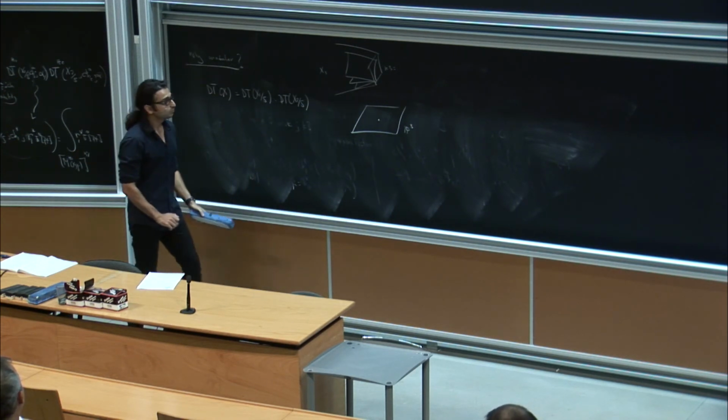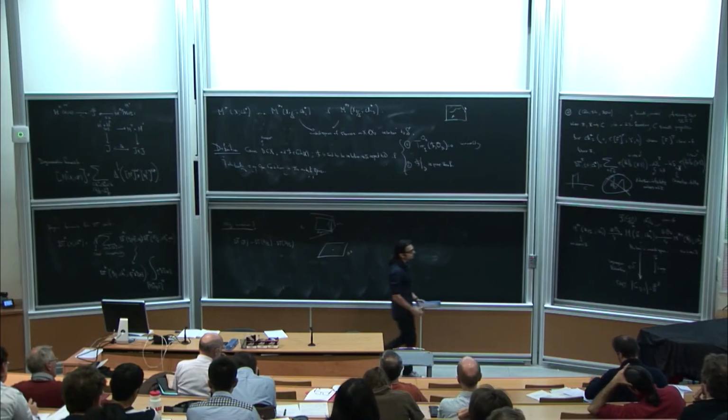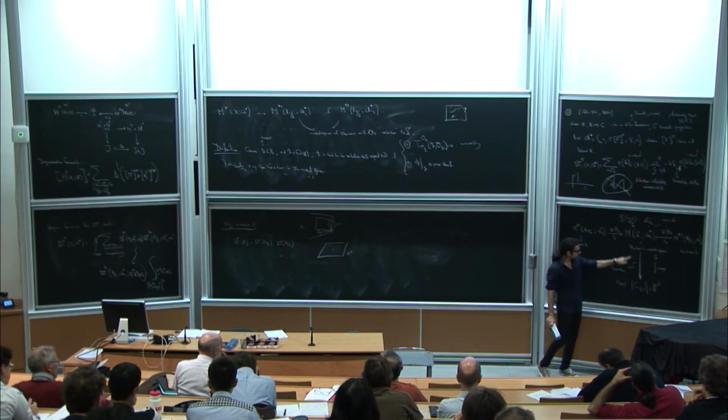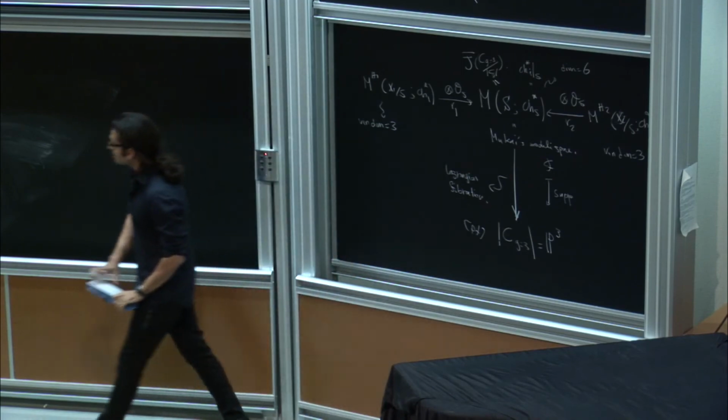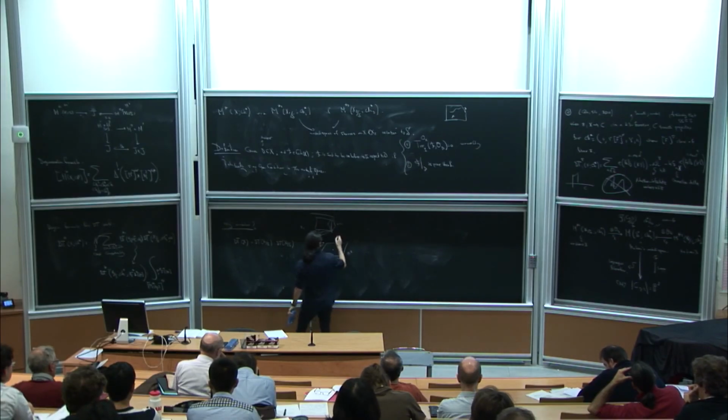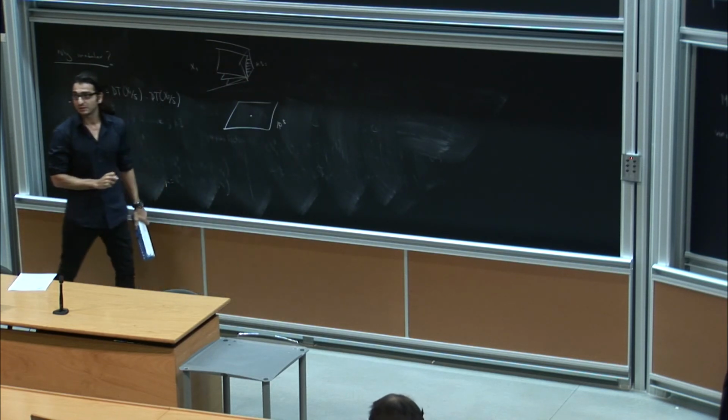And if I ask you what is the fiber of Mukai's moduli space over this, Mukai's moduli space is fibered over this by all those sheaves which are supported on this curve.